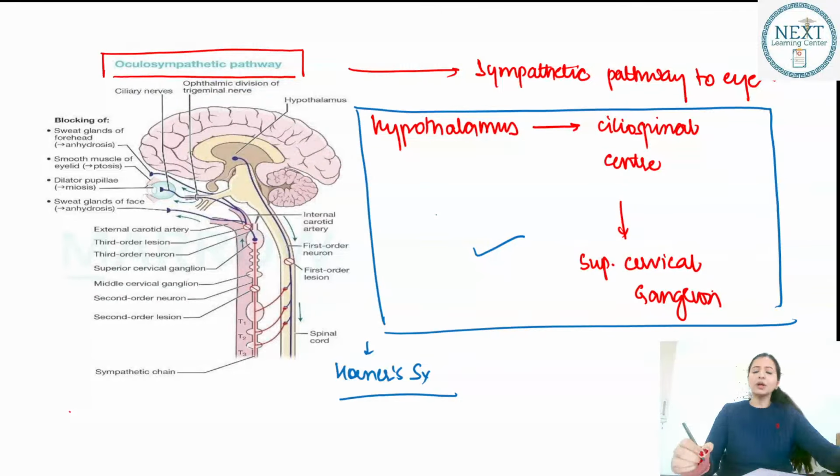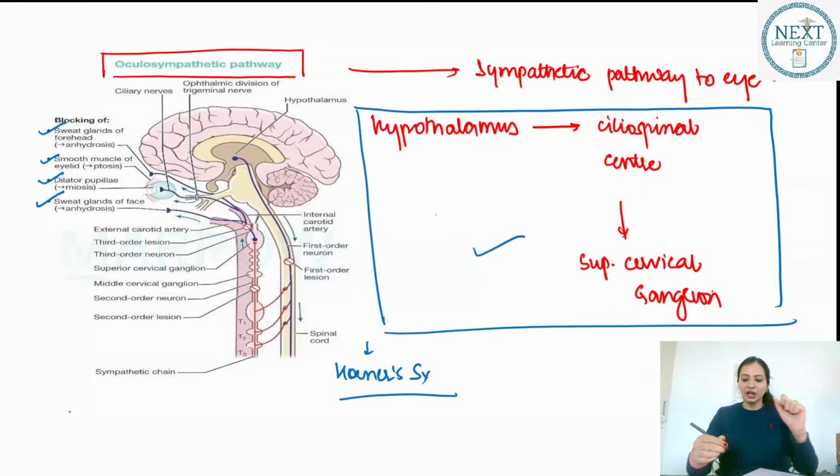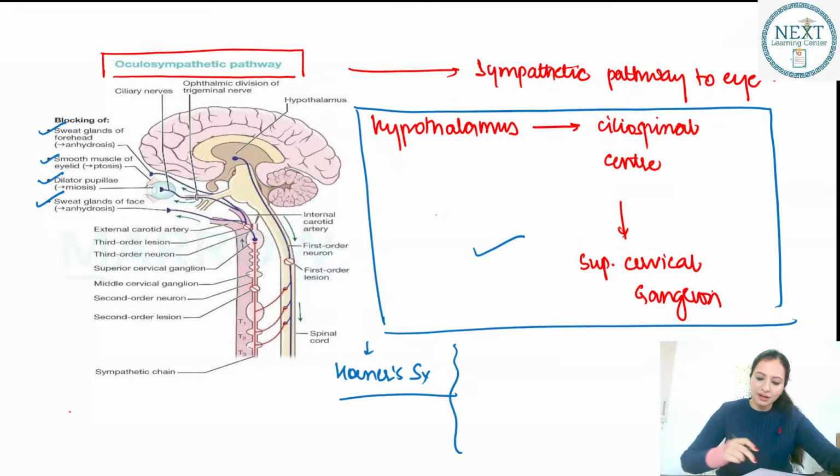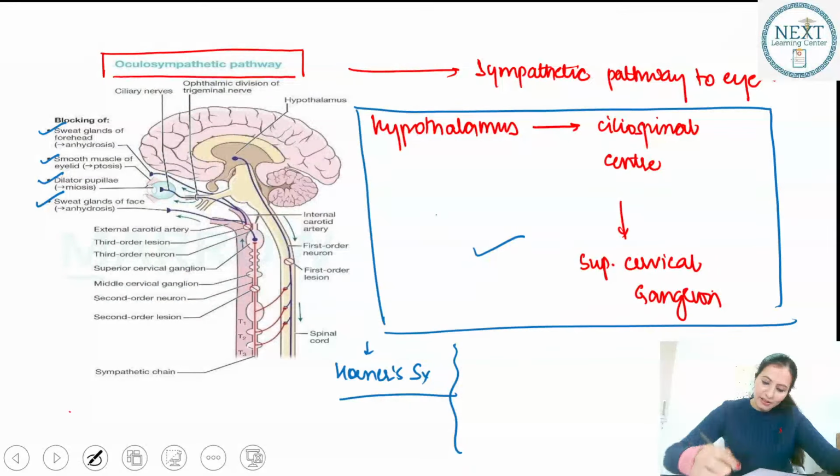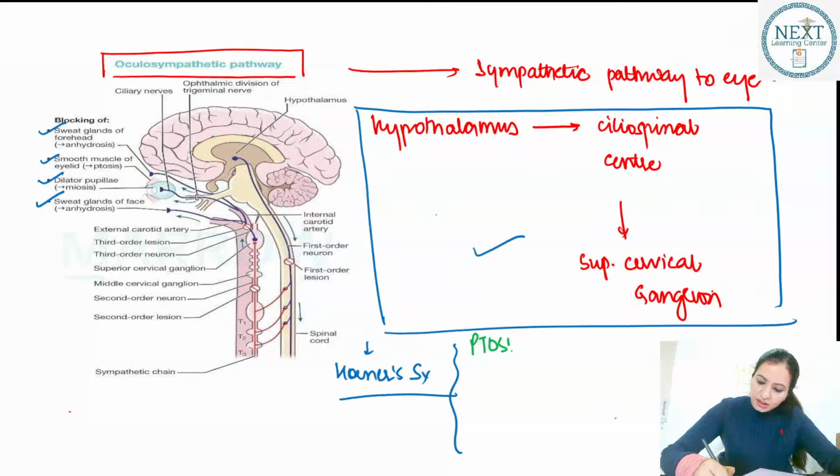Why? Because this sympathetic pathway will supply your sweat glands of the face, dilator muscles of the eye, smooth muscle of the eyelid, and the sweat glands of the forehead. So what is Horner syndrome? It is characterized by ptosis, meiosis, anhidrosis, and enophthalmos.